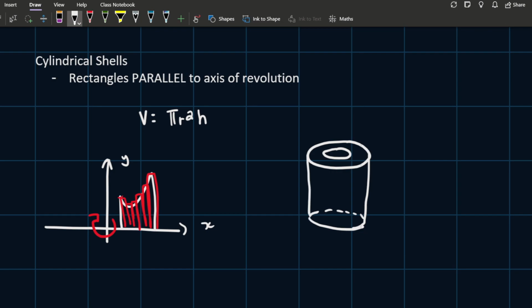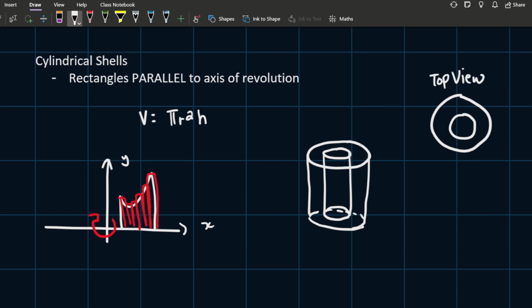We have something like this. Okay, top view nito. So, top view. Okay, let's say we want to find the volume of this particular cylindrical shell.